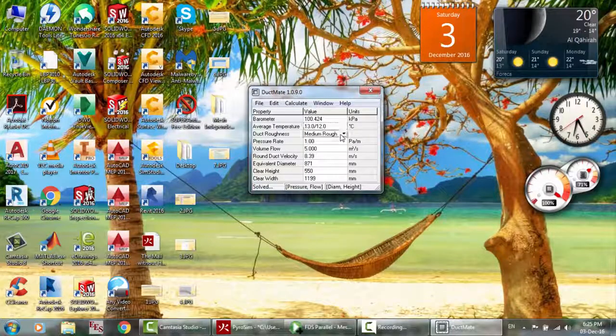Okay, and here is the duct roughness. Duct roughness is actually smooth for PVC. It's very smooth.